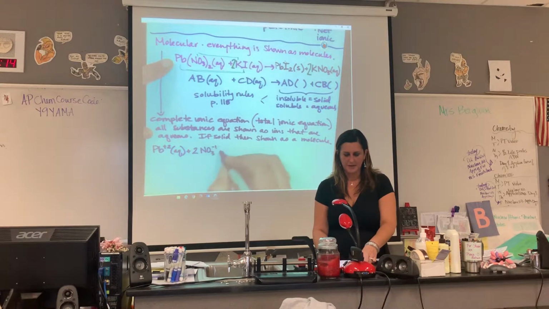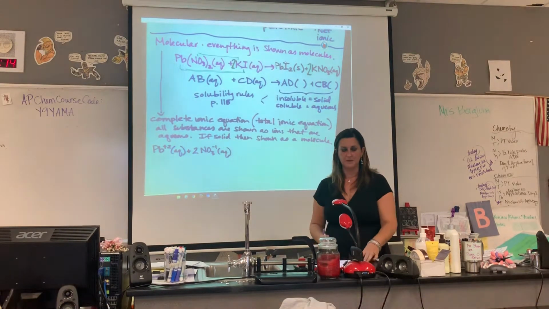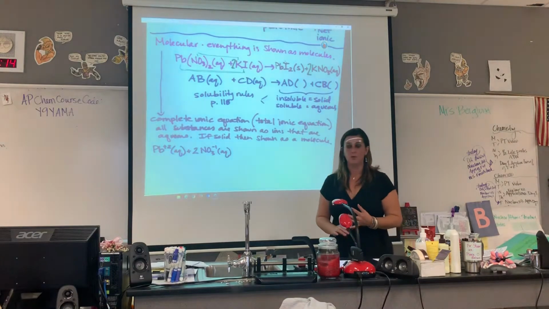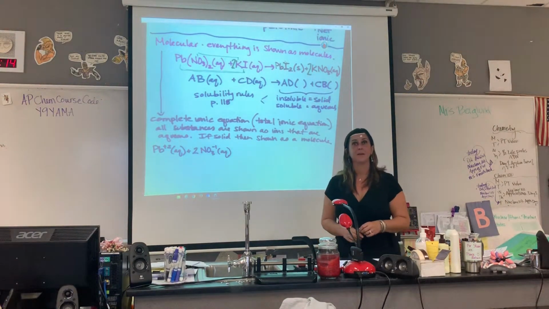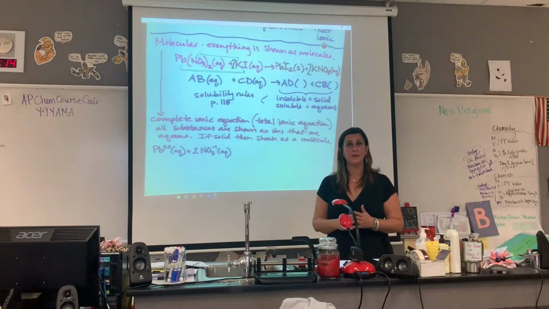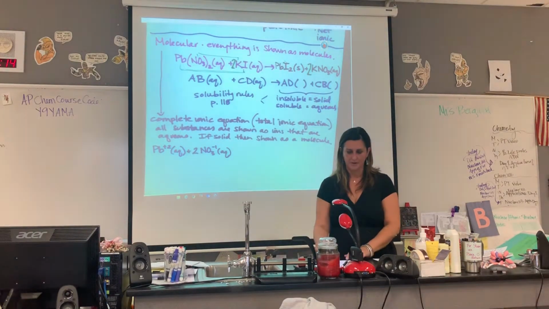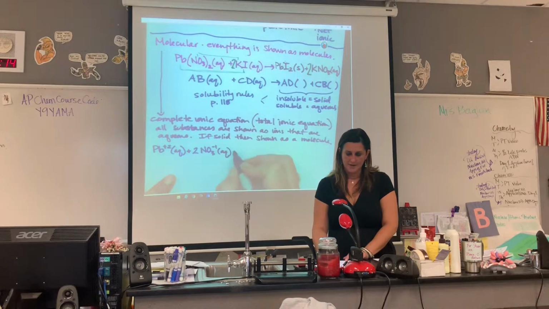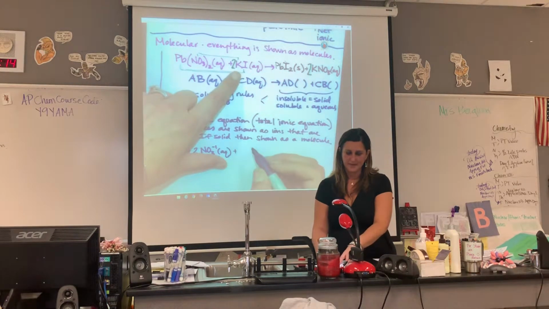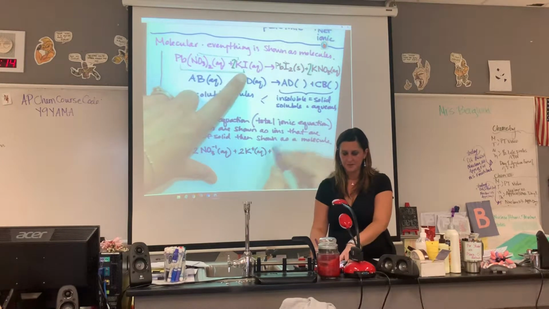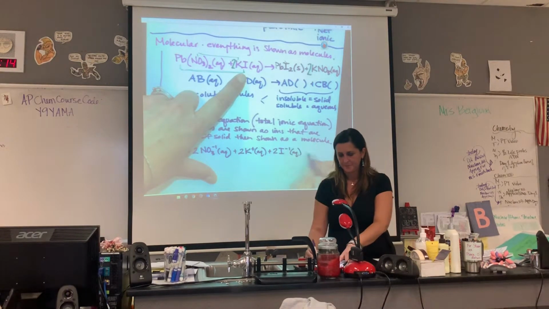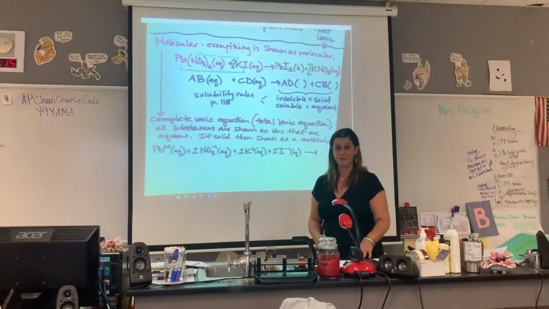We want to remember that a subscript on a polyatomic ion or on a monatomic ion then becomes a coefficient. And if there's already a coefficient in front of it, then you multiply them. Okay, and then the potassium is going to be 2 potassiums. And then the 2 gets distributed to the iodide as well, so we get 2 iodides. And that takes us halfway through the equation.